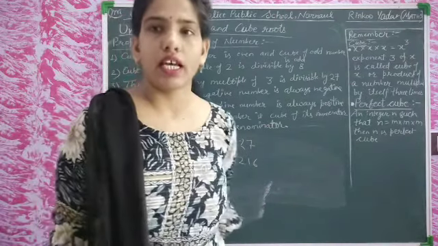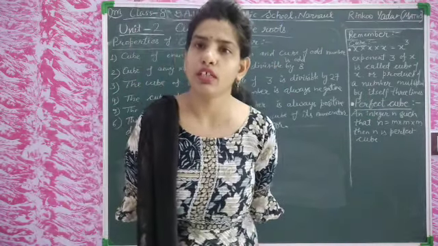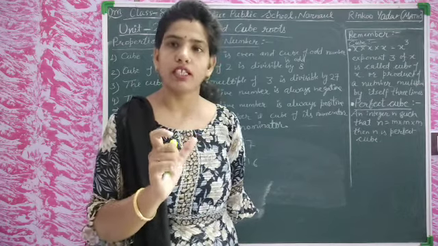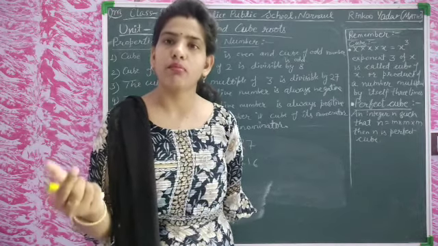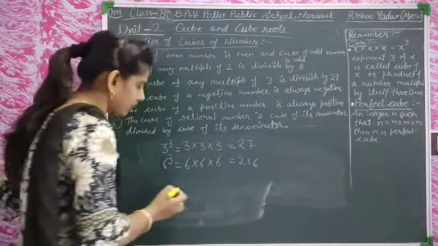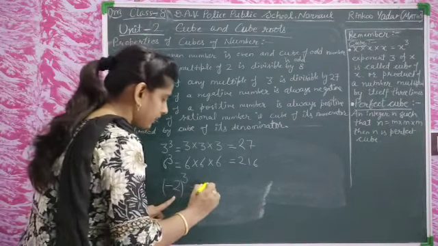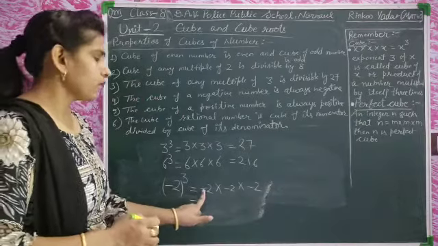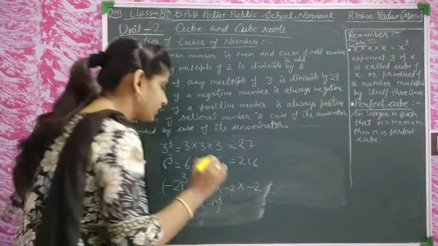The cube of a negative number is always negative because we are multiplying that number 3 times, and if we multiply 2 times, then minus and minus multiplying becomes positive, but there is another negative number, then plus and minus multiplying becomes minus. Here we take cube of minus 2, that equals minus 2 into minus 2 into minus 2, and that becomes minus 1 to the power 3 here.